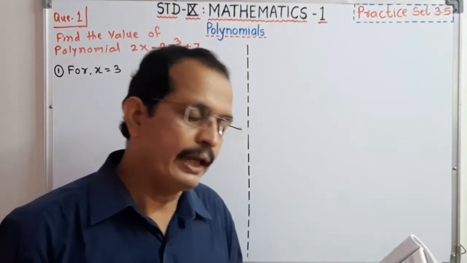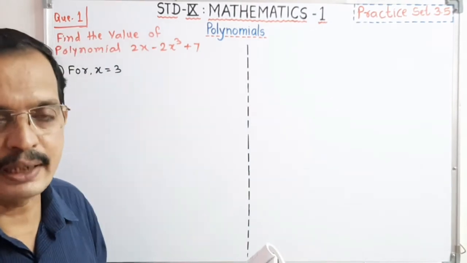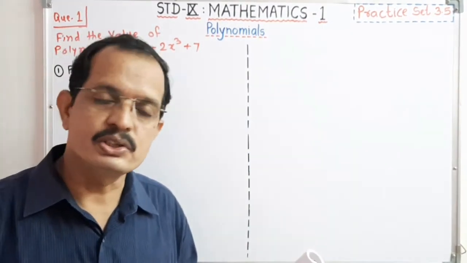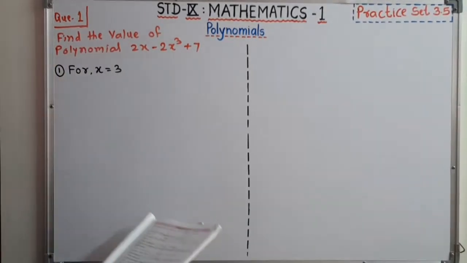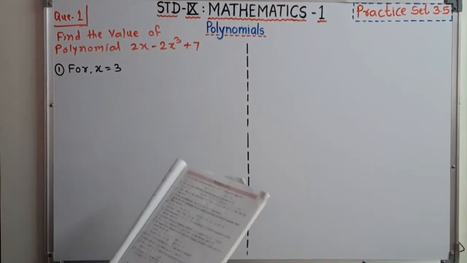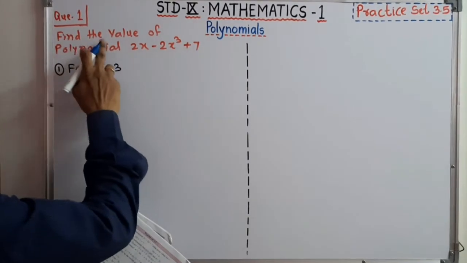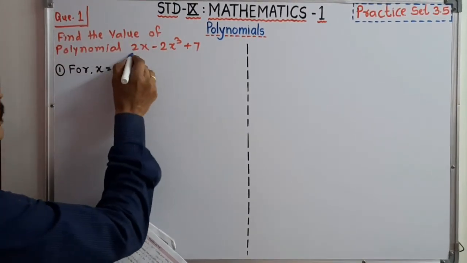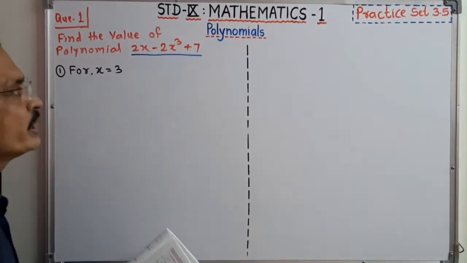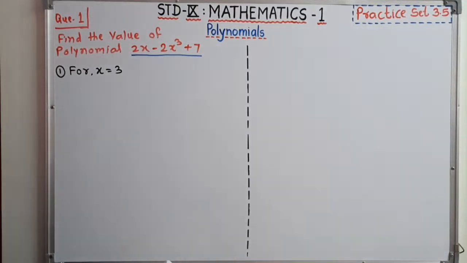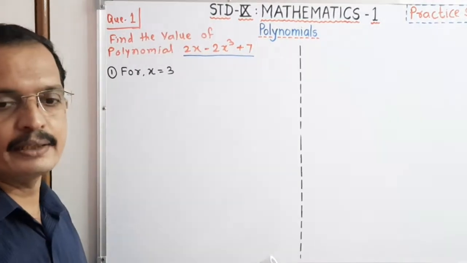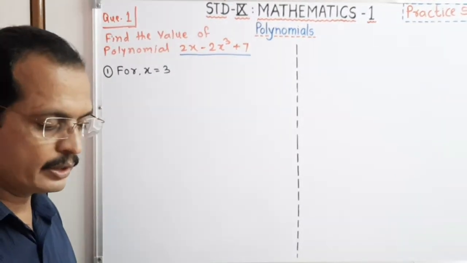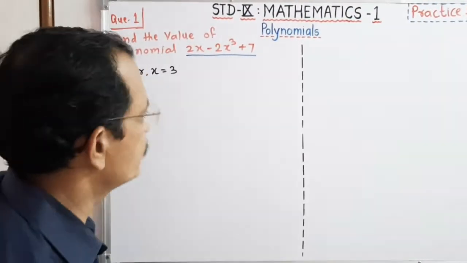Simple, as we solved in practice set 3.4. Just we have to find out the values of the polynomial. Now, dear students, see the question. I repeat, find the value of polynomial 2x minus 2x cube plus 7 for first x is equal to 3, second x is equal to minus 1, and the third one is x is equal to 0.